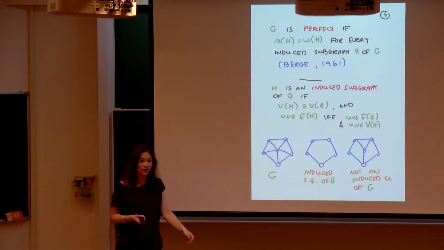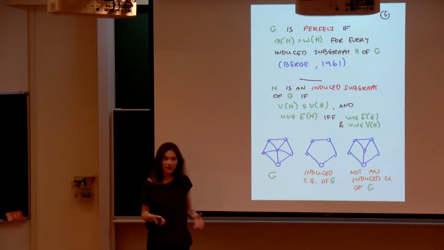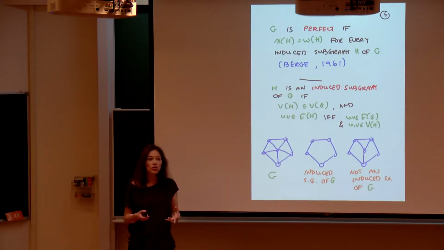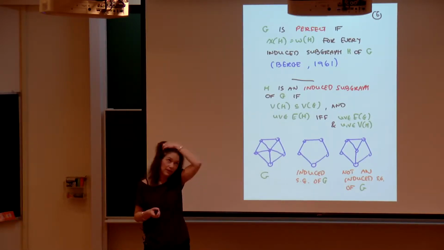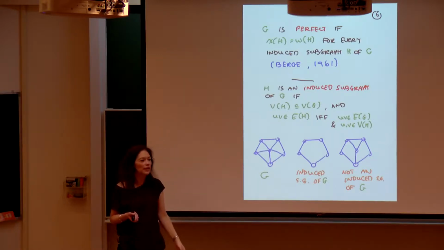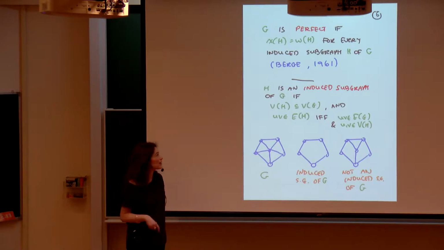So that's what perfect graphs are. In the context that we're talking about now, it's a family of graphs where the chromatic number is bounded as a function of the clique number, and this function is the identity function. So this is what perfect graphs are from this standpoint.